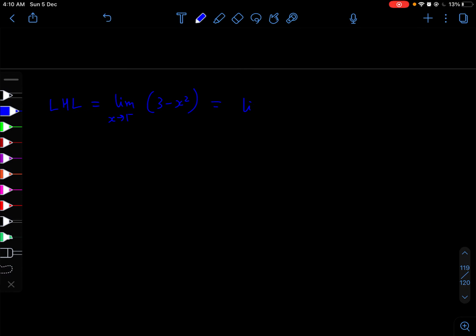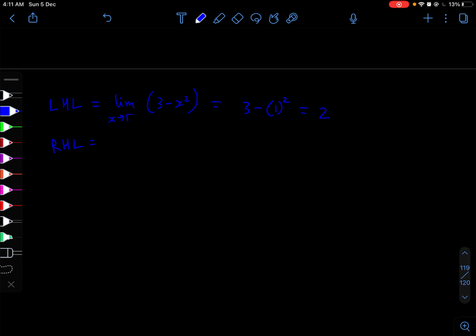For this we don't need to simplify anything. You can just substitute the value of x as 1, and then this would be equal to 2.